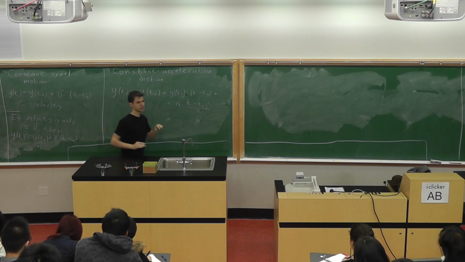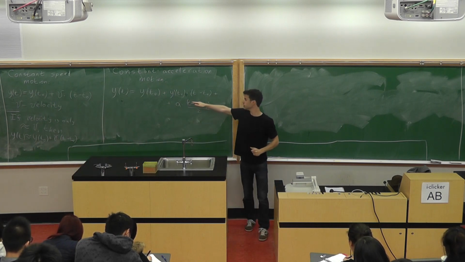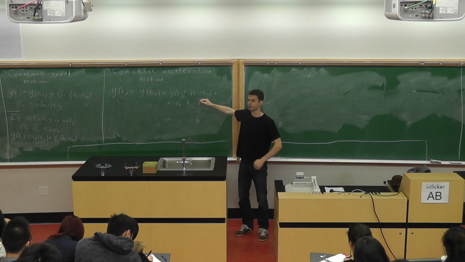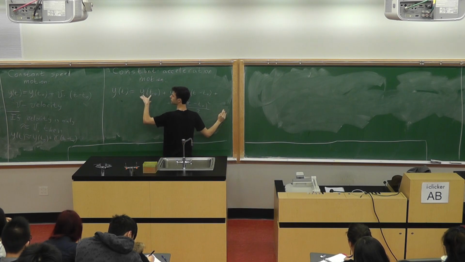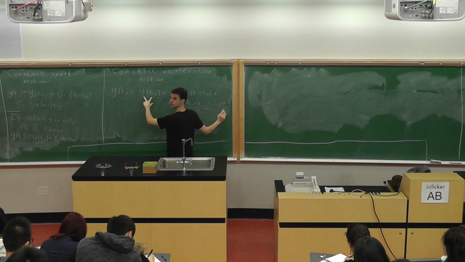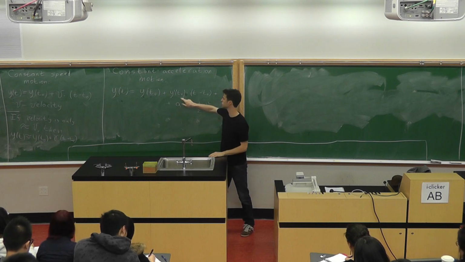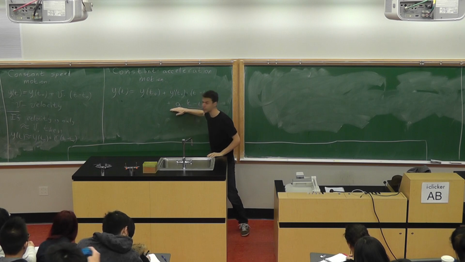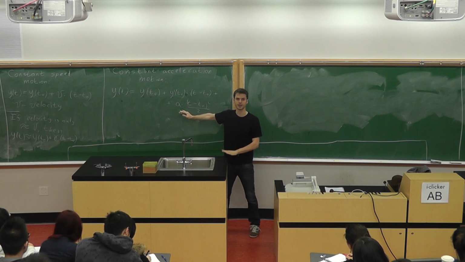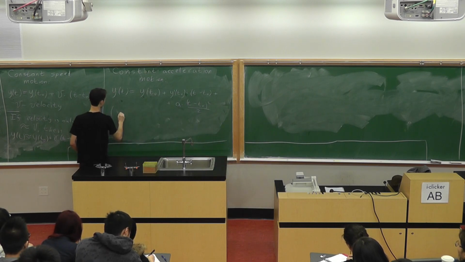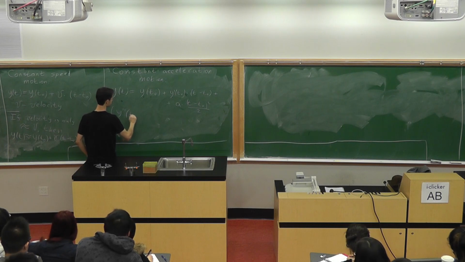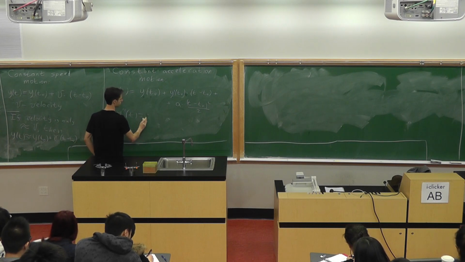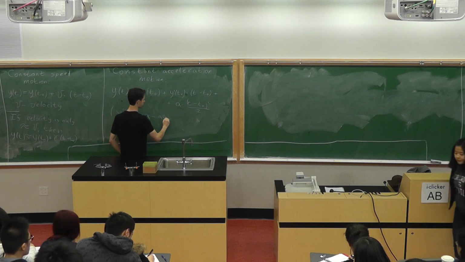So it's really easy to check that this indeed is the description of the position of an object which at time t naught is at this place, y of t naught, whose velocity at time t naught is y prime of t naught, and whose acceleration is a all the time. So y double prime of t is just a, and that's the acceleration.